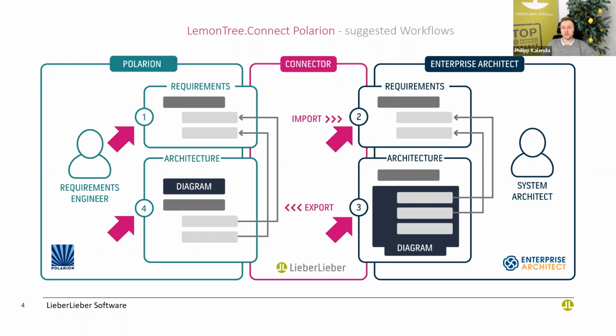And we also see more information, like, for example, in Polarion, the diagrams, because usually architecture is much more understandable when it's expressed with diagrams. So in order to have this also enabled, we support exporting the diagrams, the elements which are on the diagrams, and their links to the previously imported requirements.